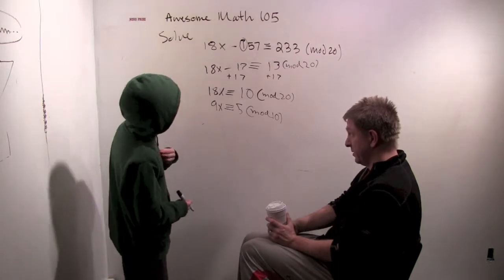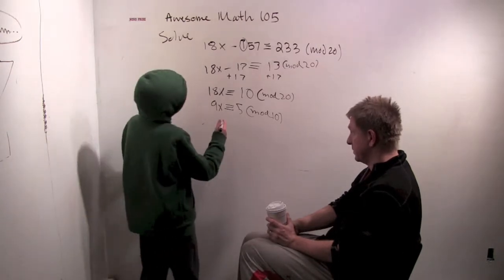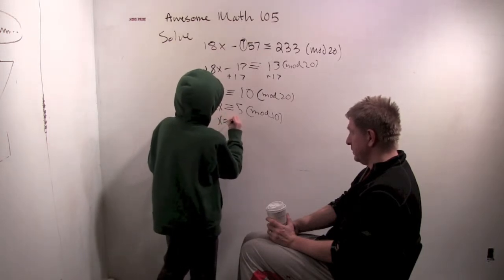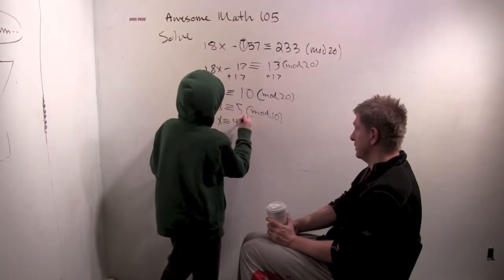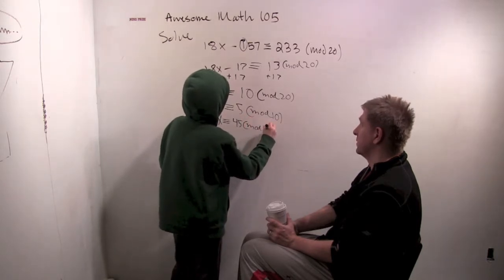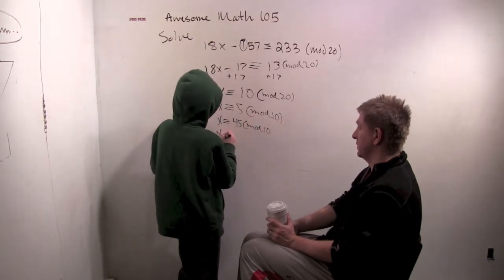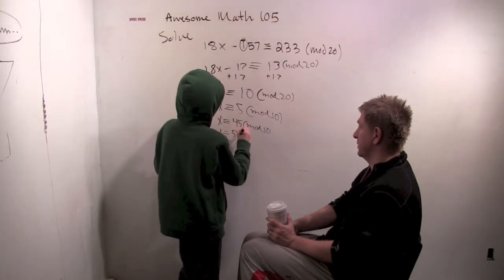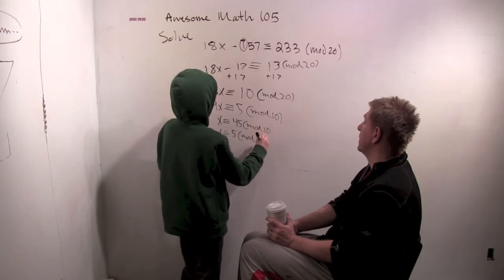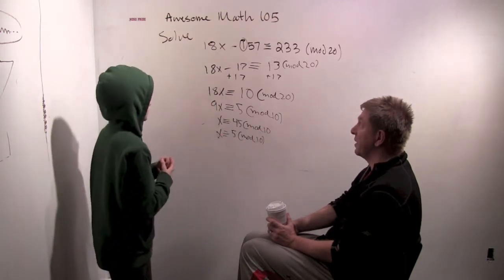So we get x, 5 times 9, 45, x congruent to 5 mod 10. So we get x is congruent to 5 mod 10.